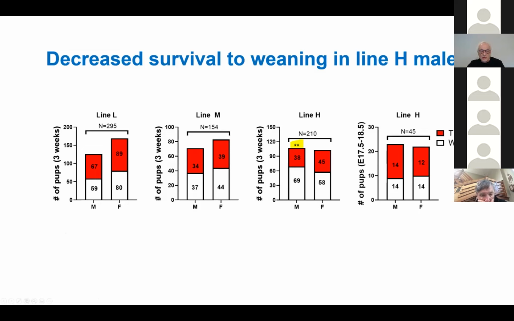And as you can see, the low line is relatively normal. There is a loss of males, but it's equal in the transgenic and wild type. But if we look at the high line, there is a significant, statistically significant deficit in males that survive to weaning. And we don't yet know exactly why that is, but we're trying to figure it out.